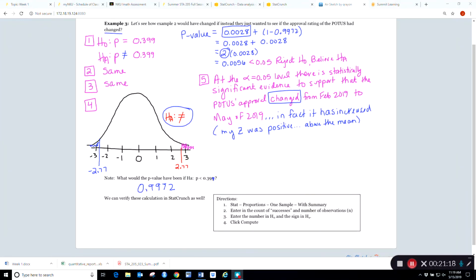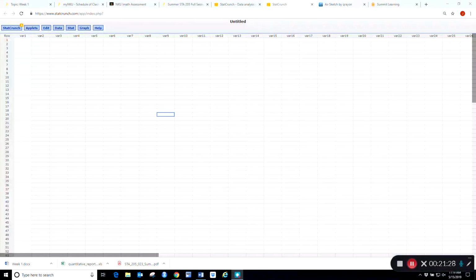Finally, with our last example, we could use StatCrunch to verify that we've done calculations correctly. Remember, here's sort of our directions that we're going to follow as I bring up StatCrunch. So I just need to bring up a blank screen, and then go to Stat, Proportions, One sample, with Summary.